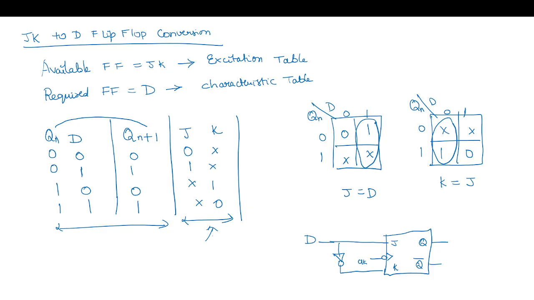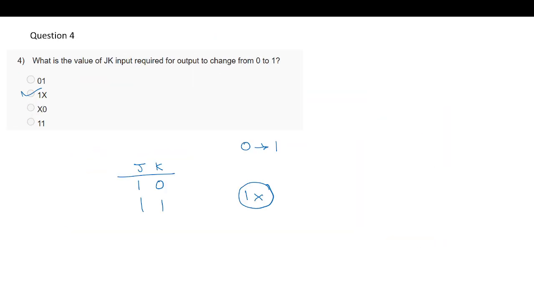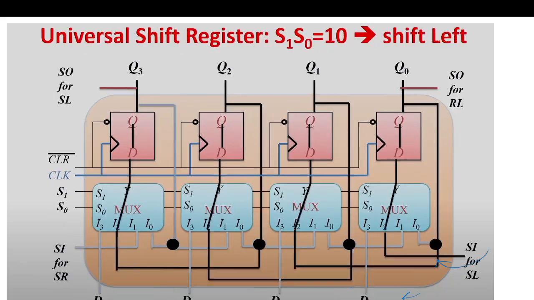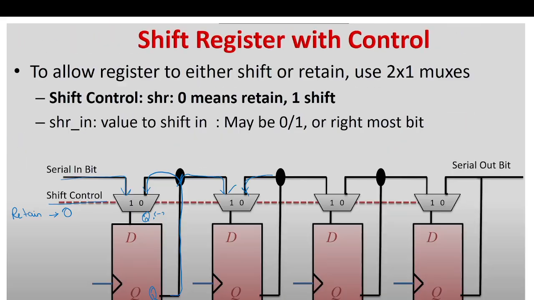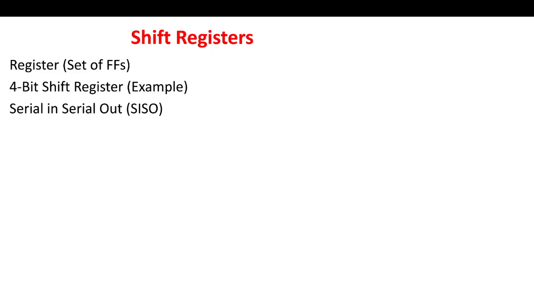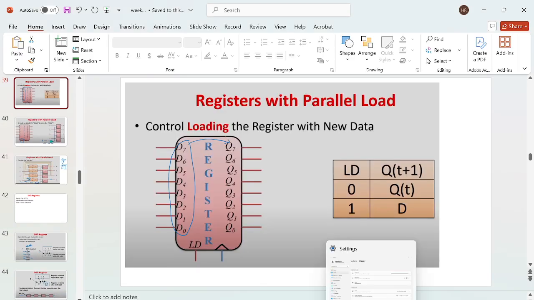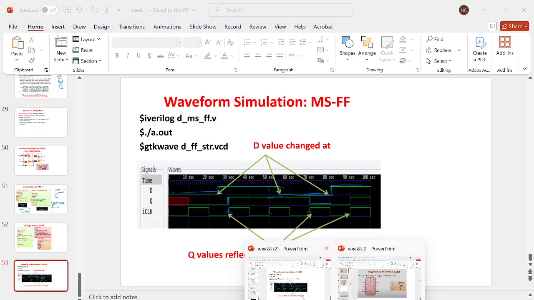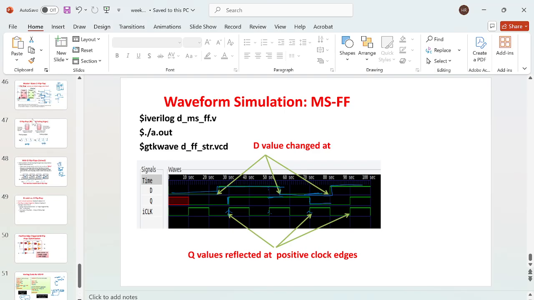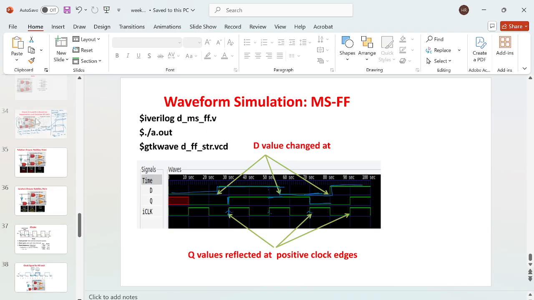So that race condition and the unstable condition is removed because of the feedback in JK, which makes the JK flip-flop operate as a toggle flip-flop when J is equal to 1, K is equal to 1. So any other doubts?